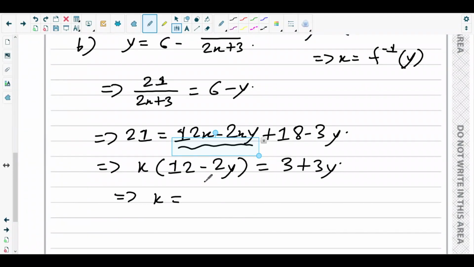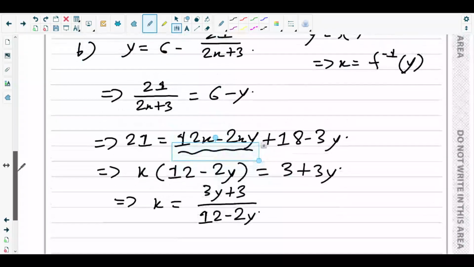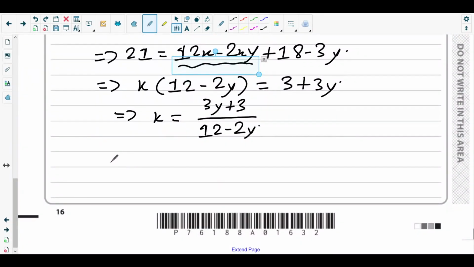You will get x equals 3y plus 3 over 12 minus 2y. So we got f inverse of y, right? So f inverse of x would be, in place of y just put x, 3x plus 3 over 12 minus 2x.